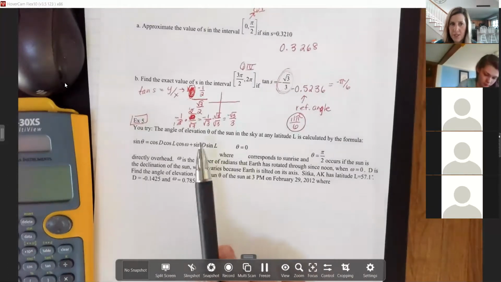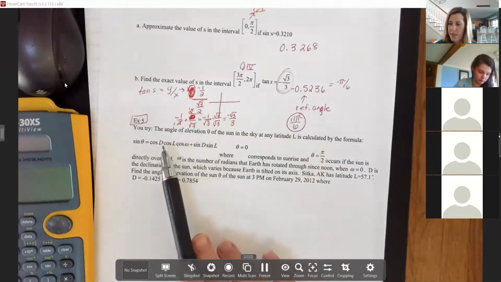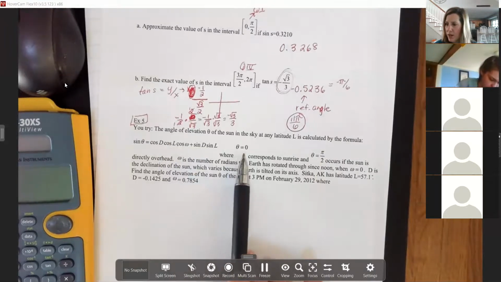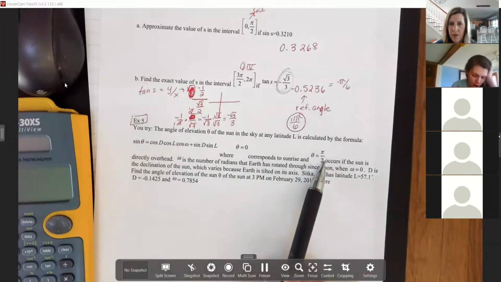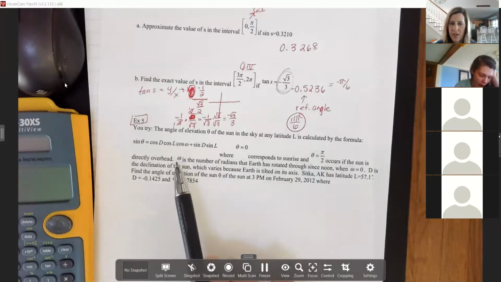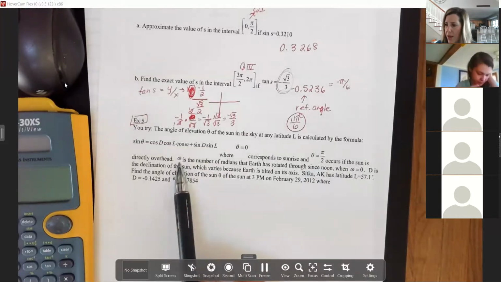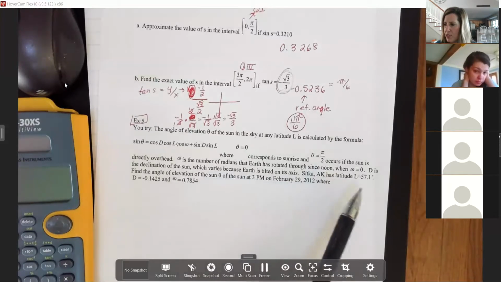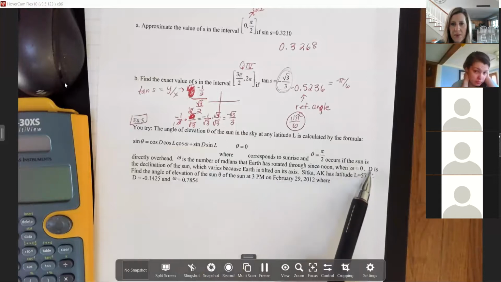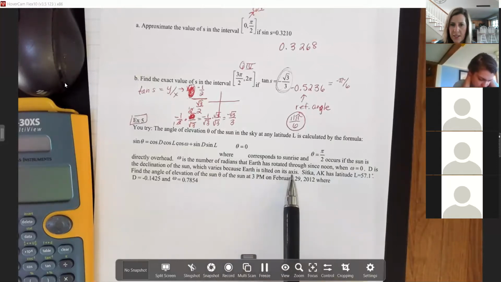Okay. So it says the angle of elevation theta of the sun in the sky at any latitude L is calculated by this formula, where theta equal to 0 corresponds to the sunrise, and theta equaling pi over 2 occurs if the sun is directly overhead, right? 90 degrees directly overhead. Omega is the number of radians that the Earth has rotated through since noon, when omega equals 0. D is the declination of the sun, which varies because the Earth is tilted on its axis.